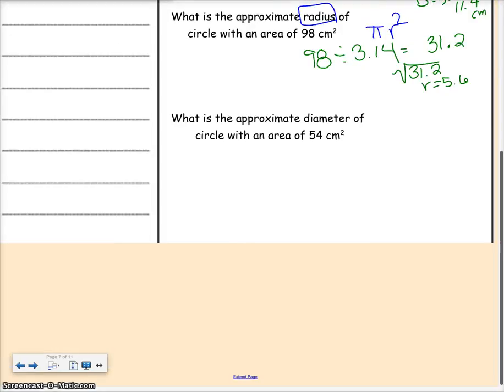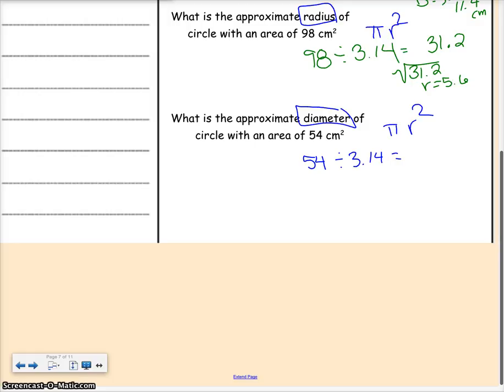Okay, and the last one for the day: what is the approximate diameter of a circle that has an area of 54? So I like to write my formula down so I know what I need to work backwards with. And then instead of timesing by pi, I divide by pi.